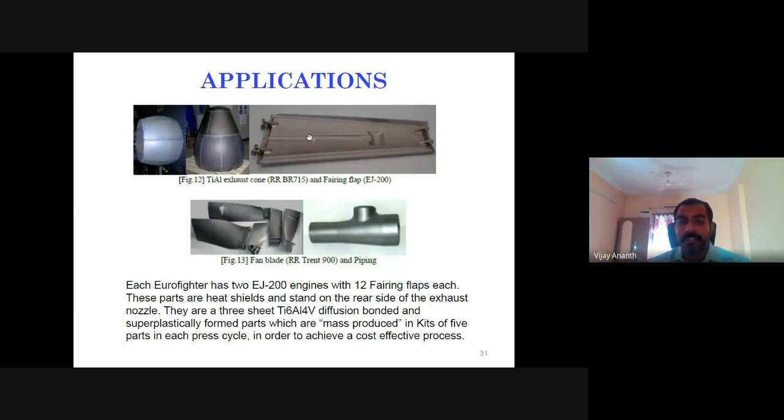The fairing flaps are made with batch type forming in superplastic forming. We have also formed these blades, fan blades. Fan blades are made with superplastic forming, as well as the piping grids. These are all titanium-based alloys used in the aerospace industry, made with superplastic forming, right?